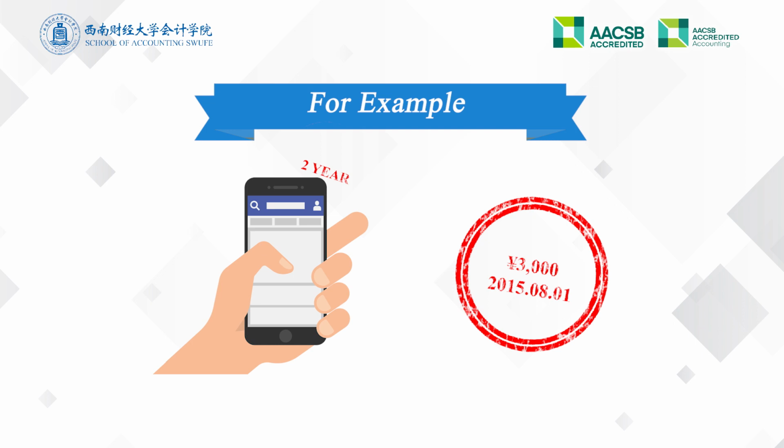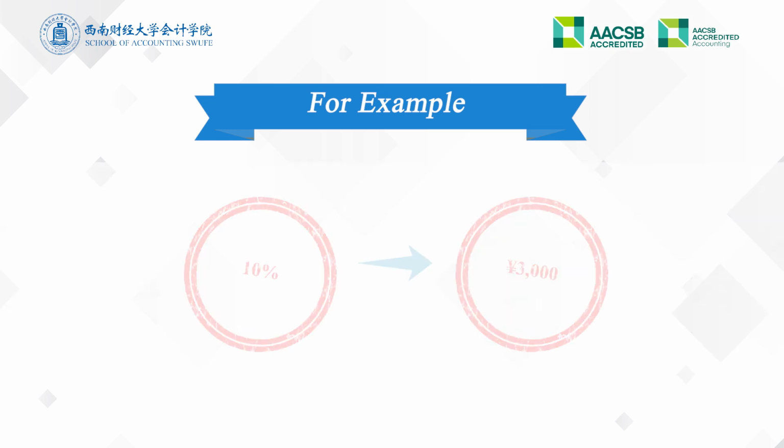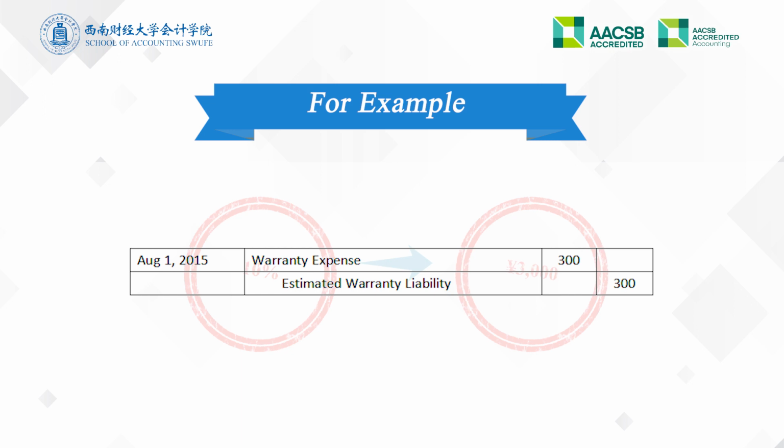Because the merchant's experience showed that warranty expense averaged about 10% of the smartphone's selling price, on 3,000 yuan in this case, the merchant recorded the estimated expense and liability related to the sale of the smartphone as follows. August 1st, 2015. Debit warranty expense 300 yuan. Credit estimated warranty liability 300 yuan.